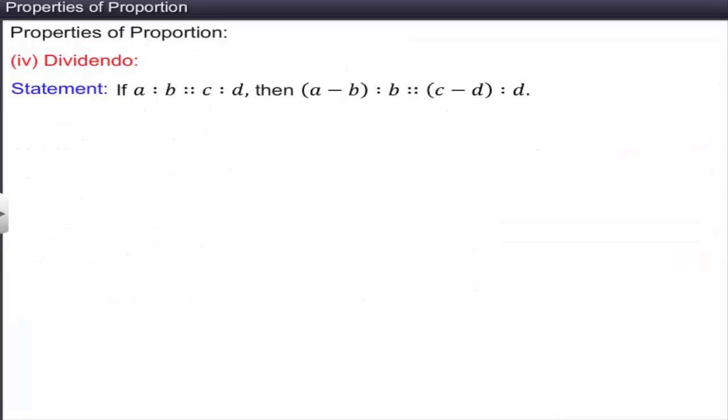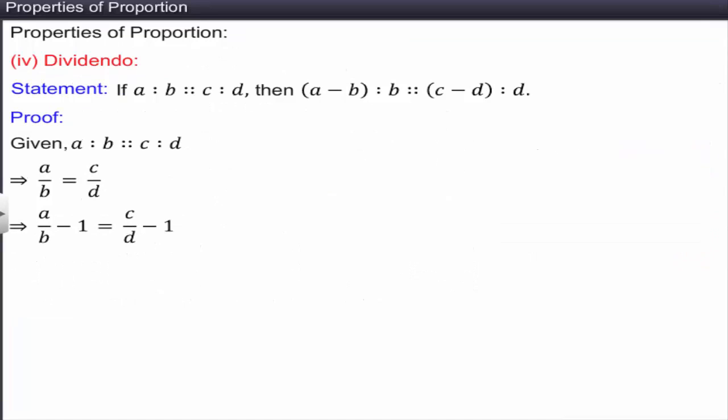The fourth property is called dividendo. It states that if A is to B is as C is to D, then A minus B is to B is as C minus D is to D. Let's prove this property. We are given A is to B is as C is to D. It can be written as A divided by B is equal to C divided by D. Now, let's subtract 1 from both the sides as shown.